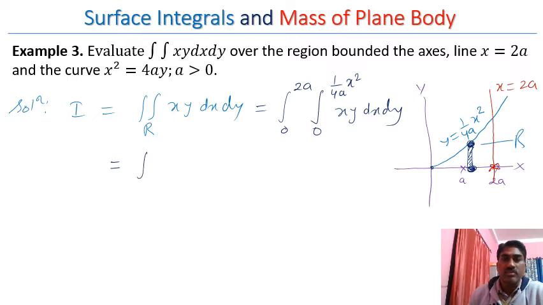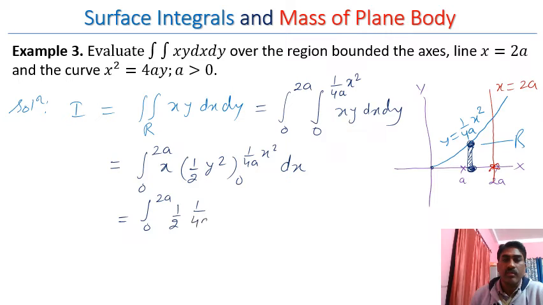So this is 0 to 2a, and then integrate y, it will become 1 by 2y square, and the limits are 0 to 1 by 4a x square dx. Now put this limit, so you get 0 to 2a, 1 by 2, lower limit is 0 and upper limit is 1 by 4ax square.